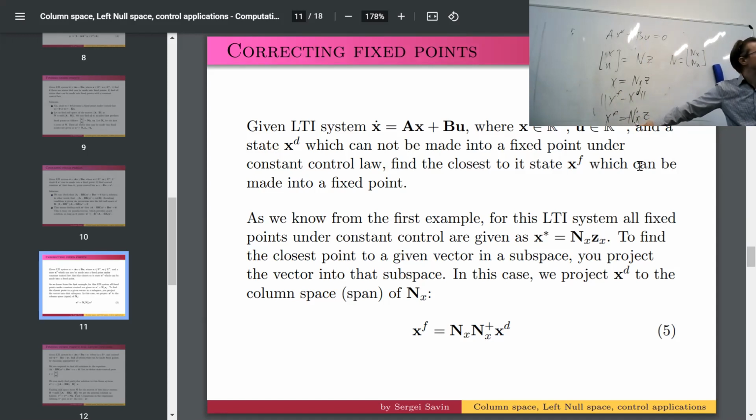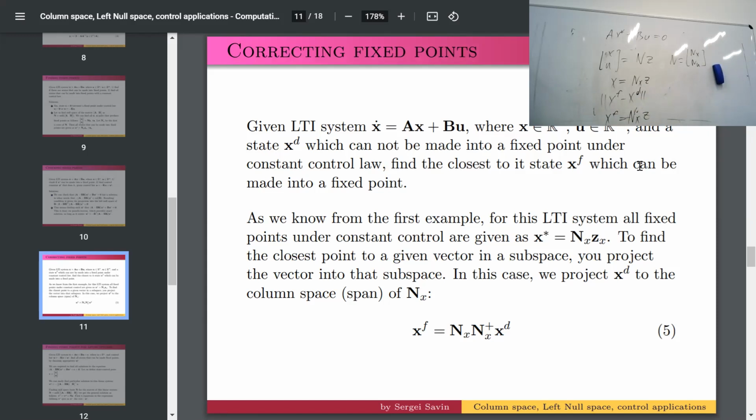Like any matrix spans a subspace, the column space it's called. So what we need to find is a projection of this guy onto this subspace. By projection, we said we needed the smallest point, but this is the definition, right? Projection is the point in the subspace to a given vector which is the closest to it. That was the definition of a projection.